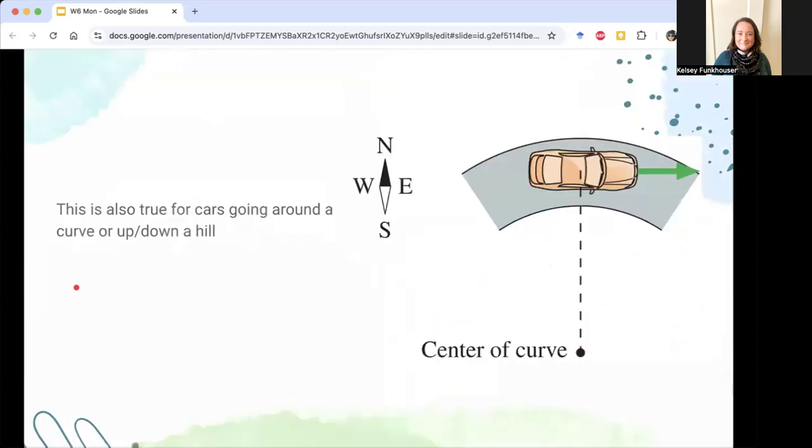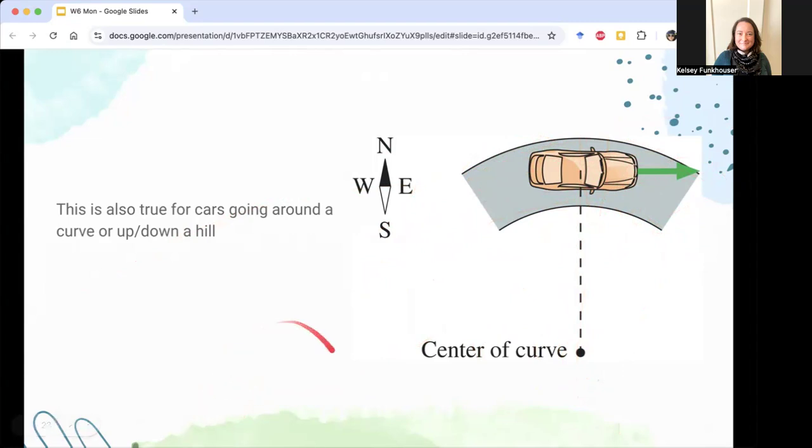This is also true for cars going around curves or up or down hills. So you can imagine this kind of going on a curve. Maybe you could think of an exit ramp on the freeway. So the car's driving, here's its velocity. And the center of the curve, which you can't always see, it's not always a complete circle, but it's out here at the distance.